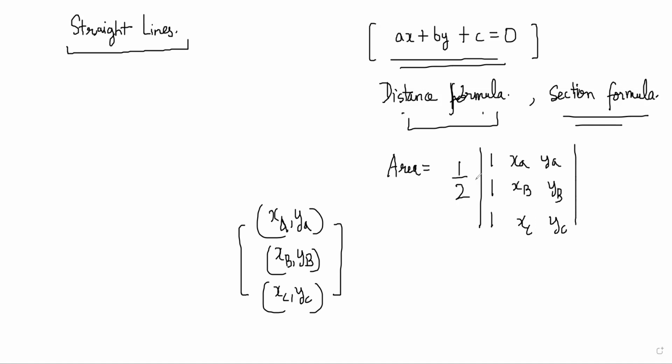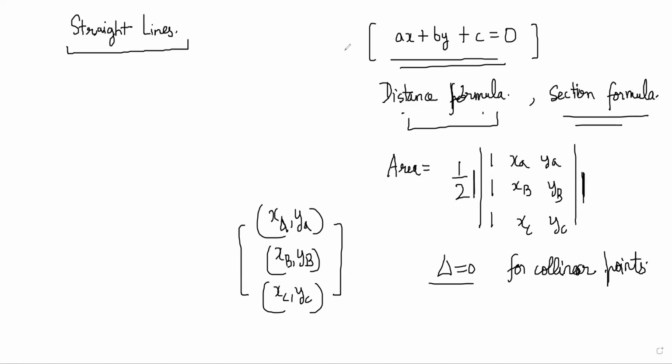Now this determinant can have a positive or negative value, so we put an absolute value sign outside here, and that gives us the area of the triangle. And in case the 3 points are collinear, then the area of the triangle must be 0, because there is no triangle formed when the 3 points are collinear, right?